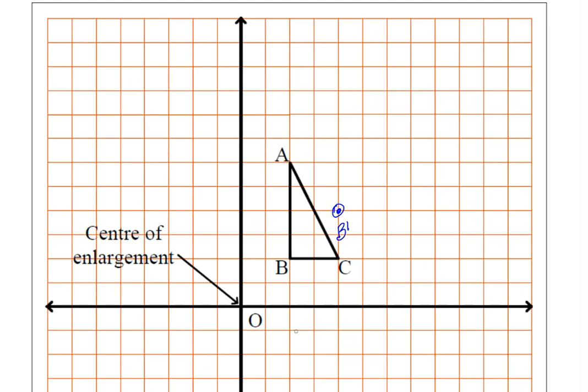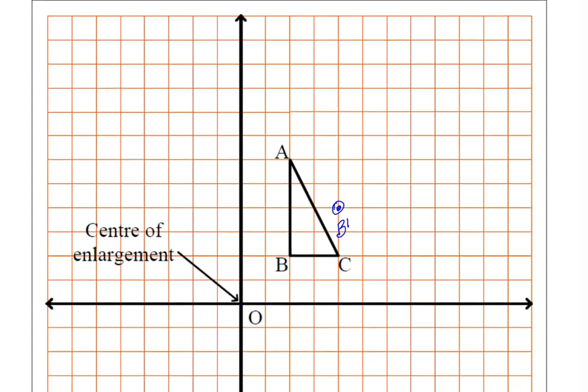From the center to C, it's 4 right, 2 up. To get to the image C prime, I must double that distance, so it's going to be 8 right, 4 up. 1, 2, 3, 4, 5, 6, 7, 8 right, 4 up. This would be the new position of C.